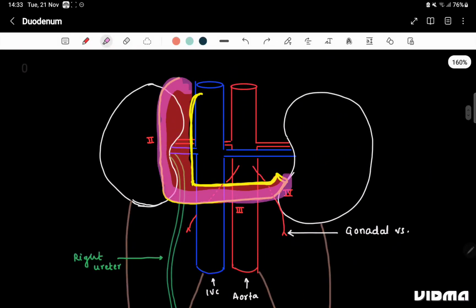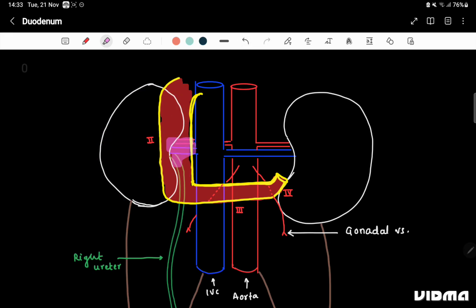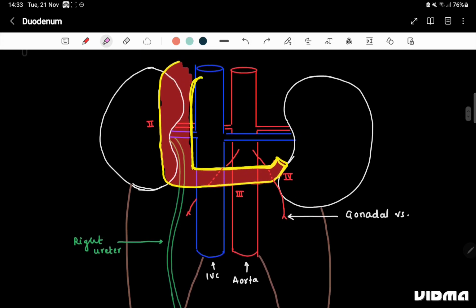So we have your second part, third part and the fourth part, and lying behind is your right kidney, and from this your renal vein and renal artery must be arising. And this is the inferior vena cava. The inferior vena cava forms the posterior relation of the second part and majorly of the third part of the duodenum.